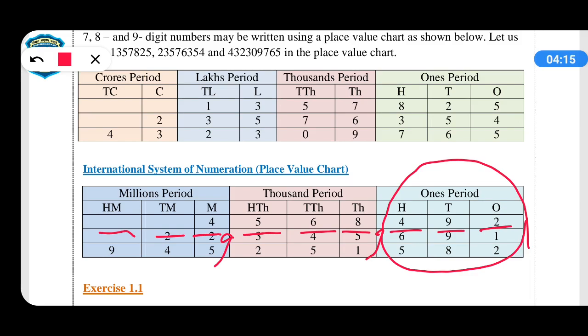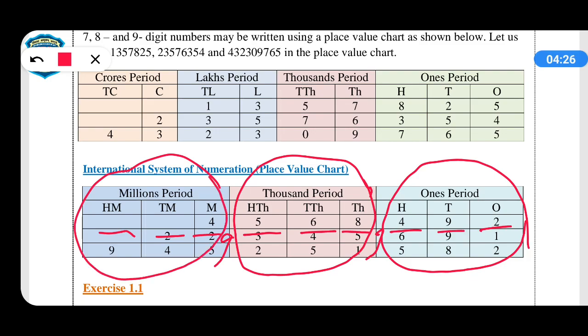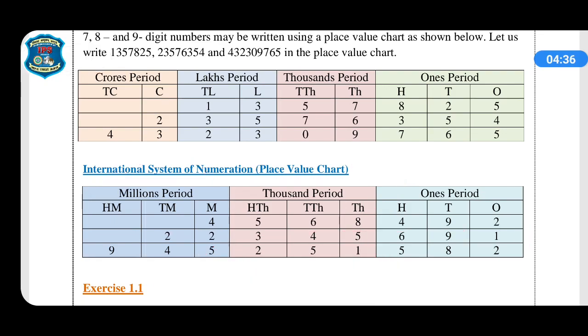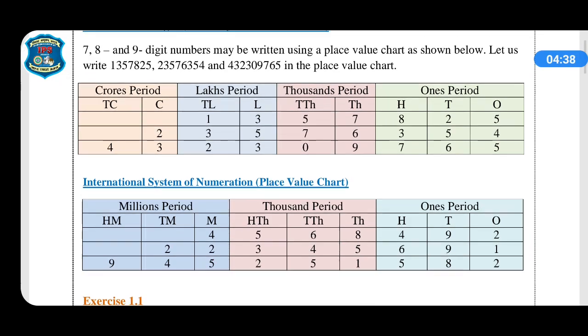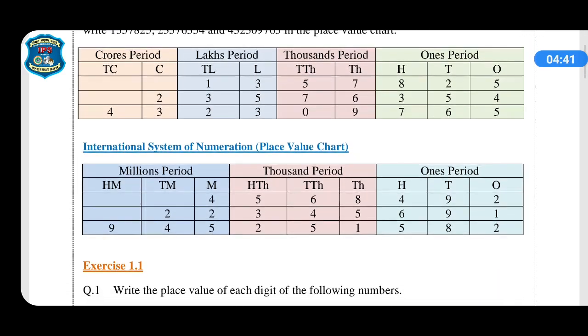Here three digits are there, then again three digits, it is thousands period, then next is millions period, right? So 3, then comma, then 3 digits, then comma, then again 3, right? You have to note down these two tables, according to the Indian system and the international system of numeration, in your copy.